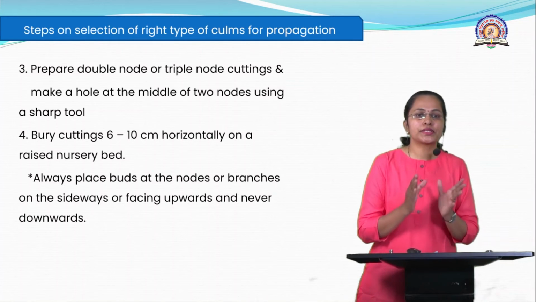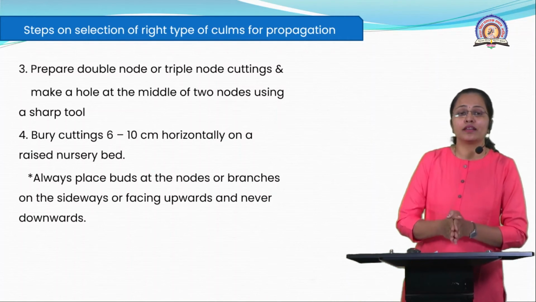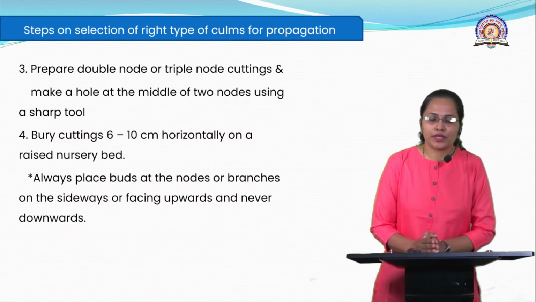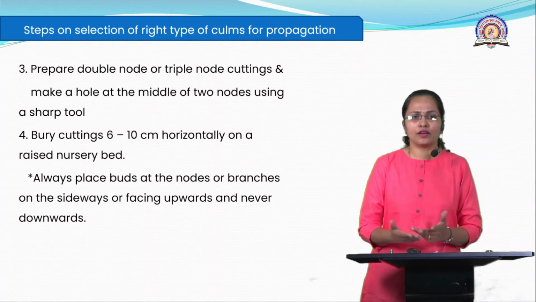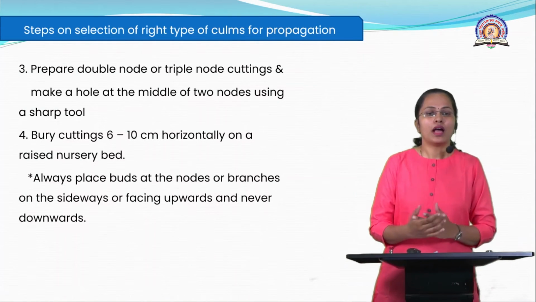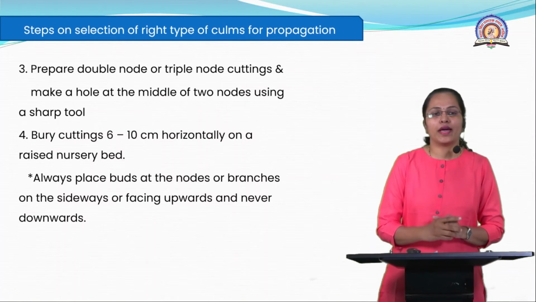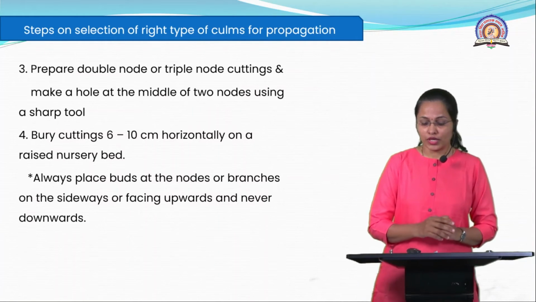Now this cut section of the stem we have to place in the nursery bed in a horizontal position. Remember that we are not going to place the cutting of the stem clump in a vertical position. We have to place it in a horizontal position only.